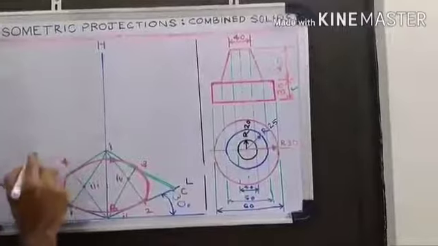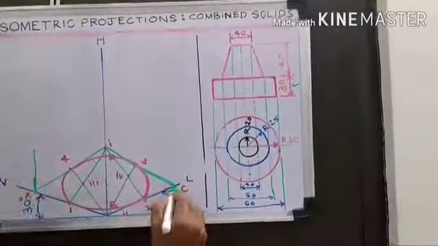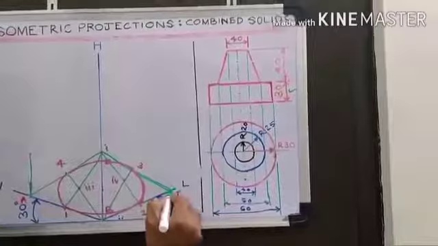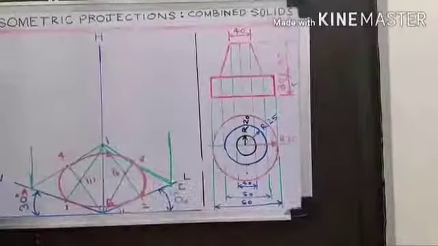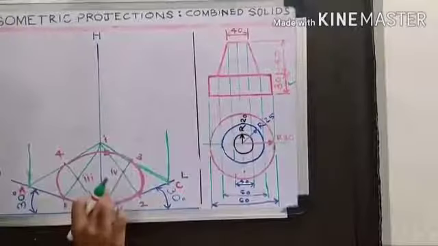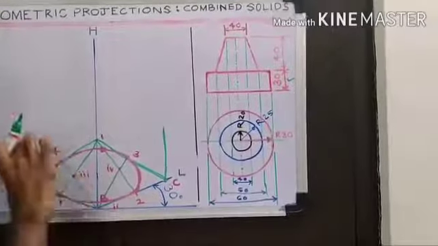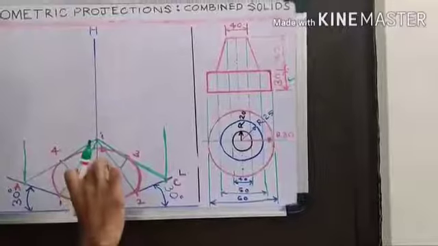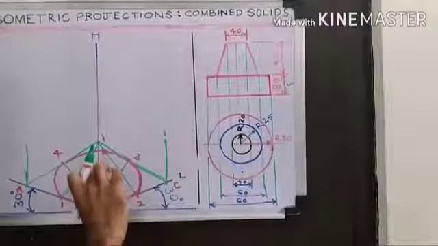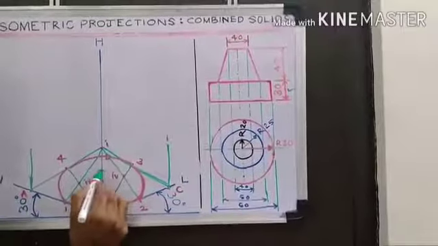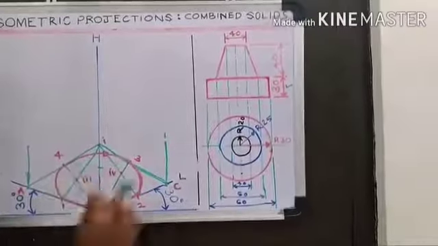I am considering 30 units. From C also draw a parallel line to BH. Similarly, from B also draw a 30 units line, this much of length from B. This is another point.